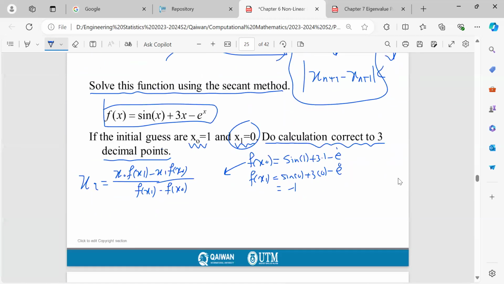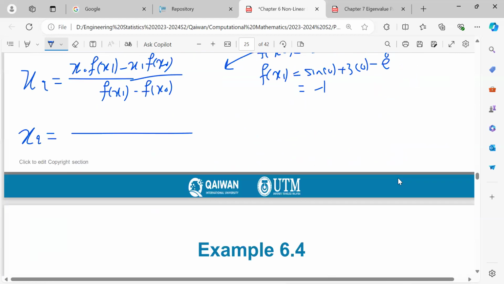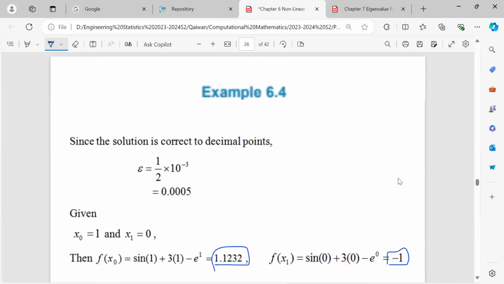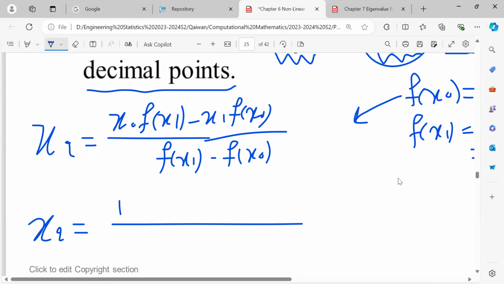Now to find x2: x0 is 1, f of x1 is -1, minus x1, which is 0, times f of x0, which is 1.232, dividing by f of x1 minus f of x0, that is -1 minus 1.232.